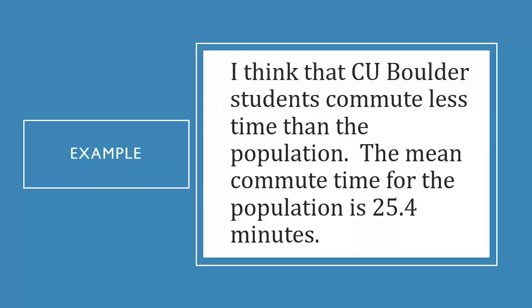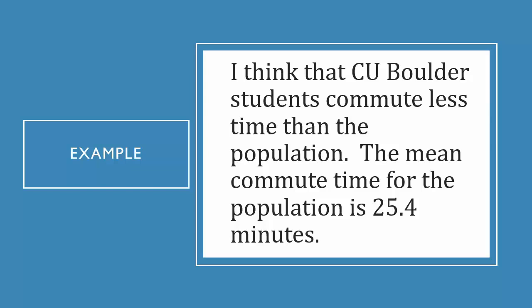So let me get back to this. In this particular case, let's pretend that the standard deviation of my sample is 4, and the average commute time for my CU Boulder students is 20 minutes.